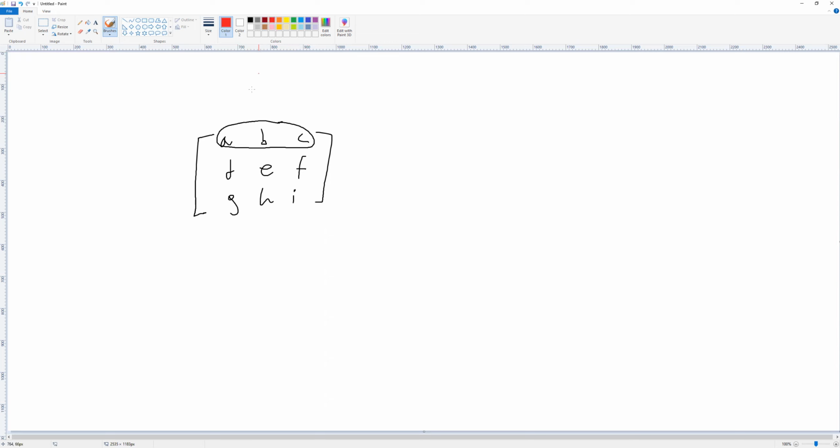So I'm going to pick this top row. And then you're going to go for each term. Start with A, and we're going to say A times the determinant of the terms that are not in the same row or column as A, which are going to be these terms. A times the determinant of E, F, H, I. With determinants, you normally just use vertical bars.